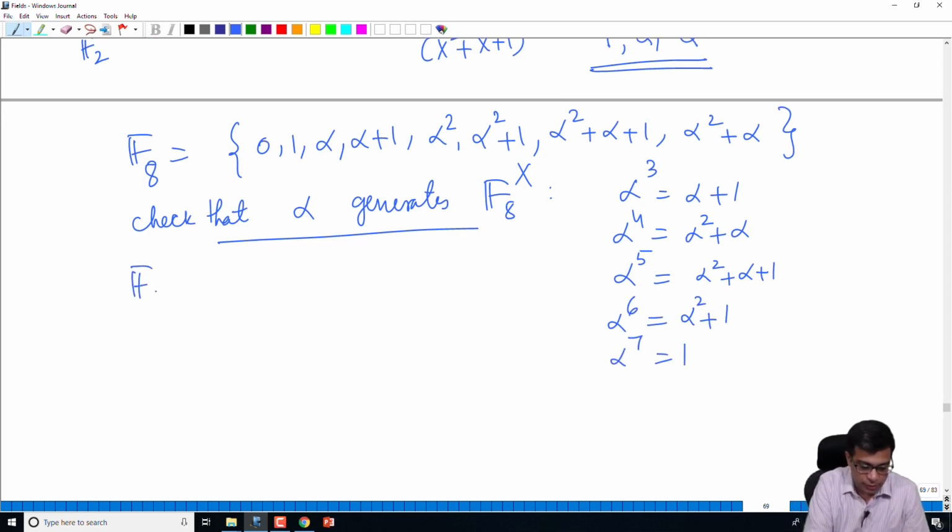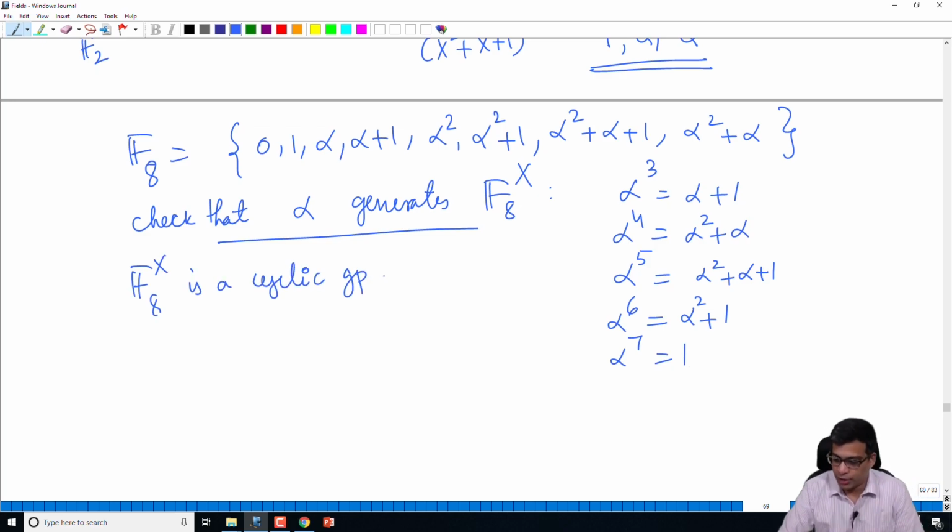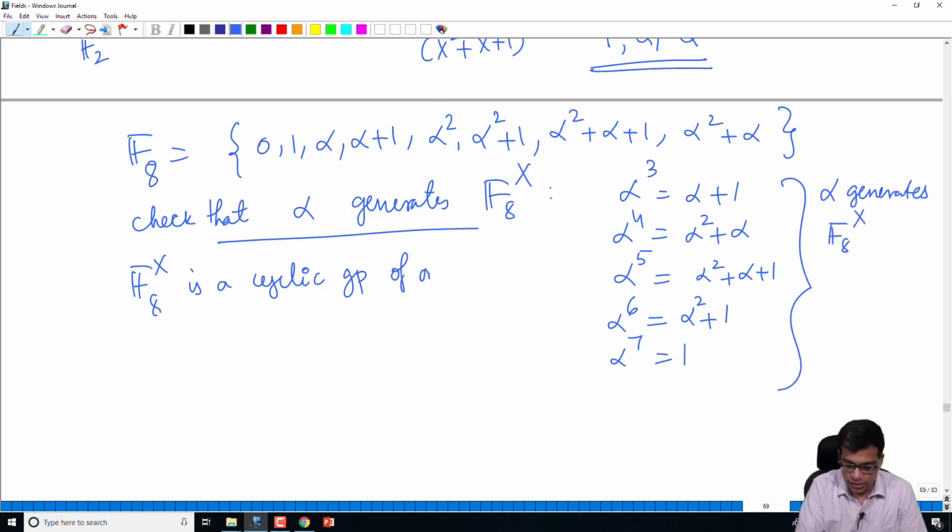So F8 cross, remember, is a cyclic group. Our theorem tells us this, but you can actually verify that alpha generates F8 cross. It is order 7. Okay, so this verification I will leave for you as an exercise.